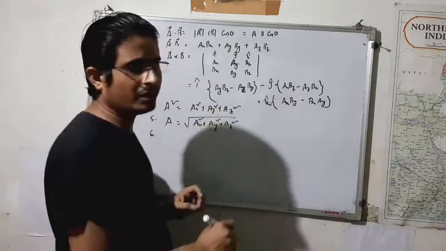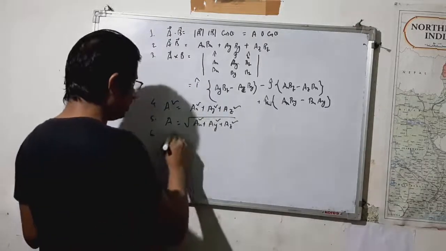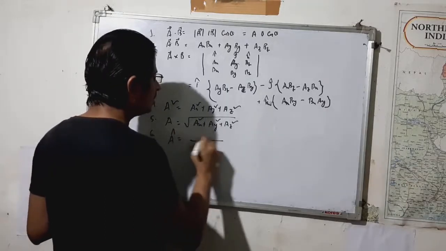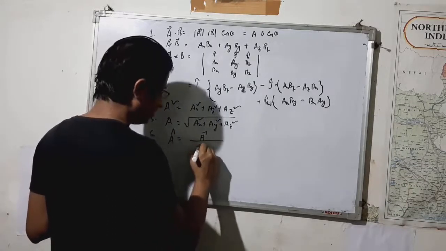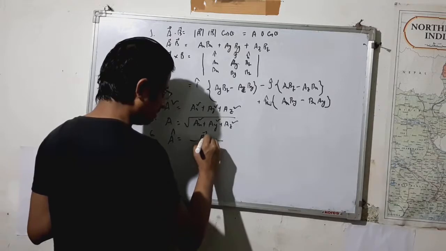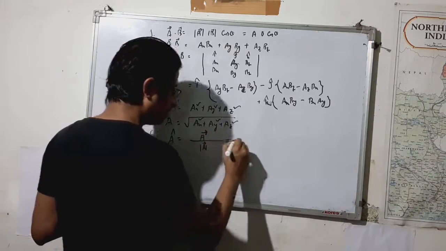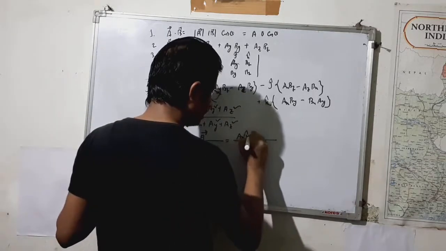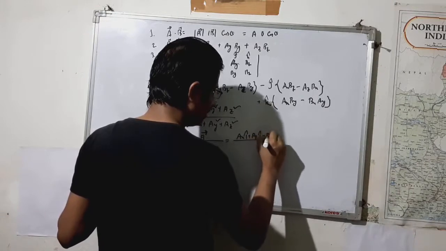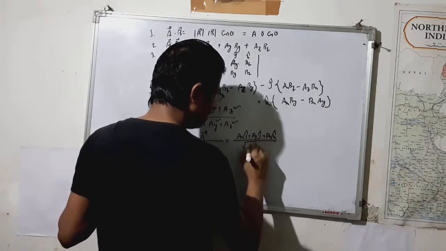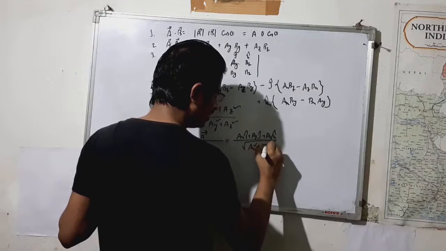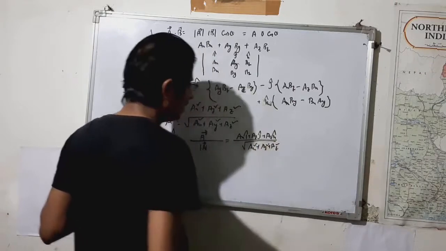We have learned how we can write A as a unit vector, A cap equal to A by its magnitude, so AX i plus AY j plus AZ k over the square root of AX square plus AY square plus AZ square.